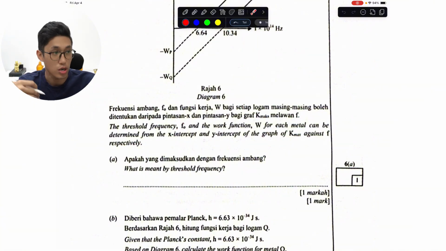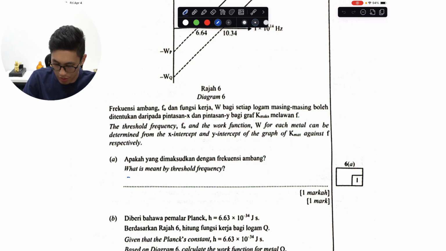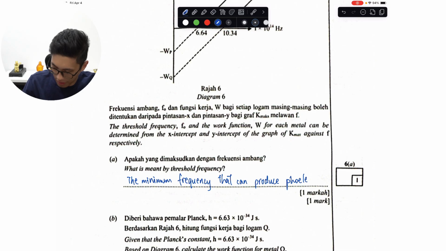So the threshold frequency is basically the minimum frequency that can produce the photoelectric effect on a metal.